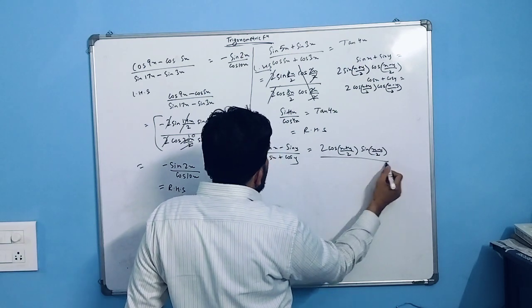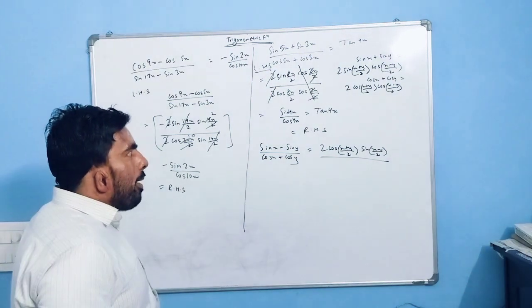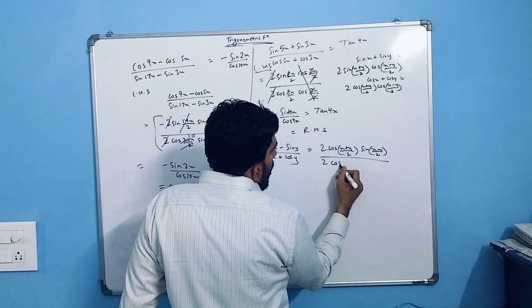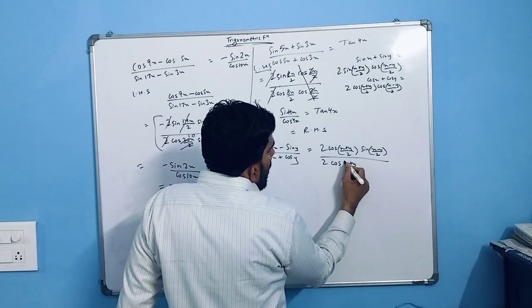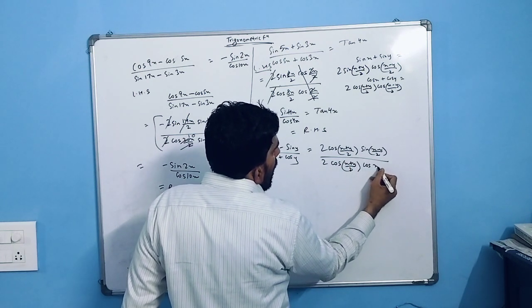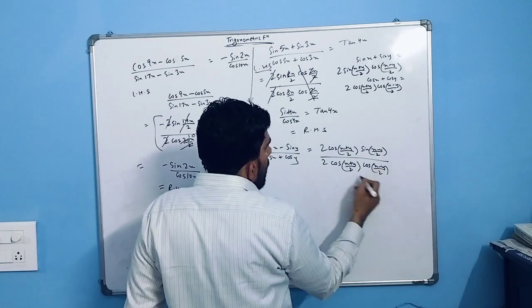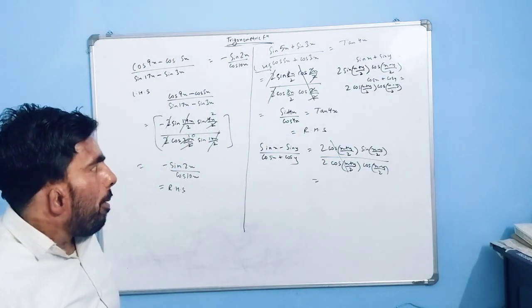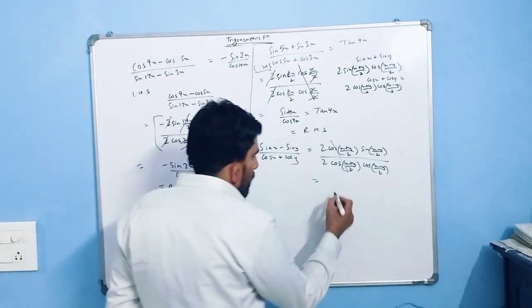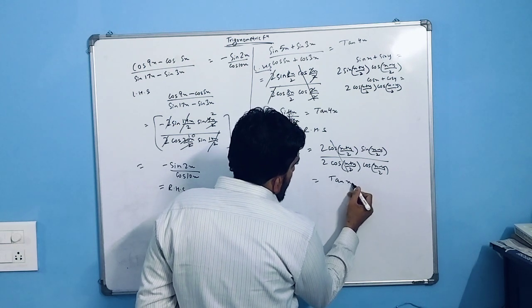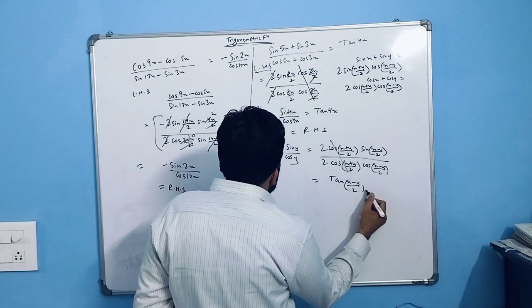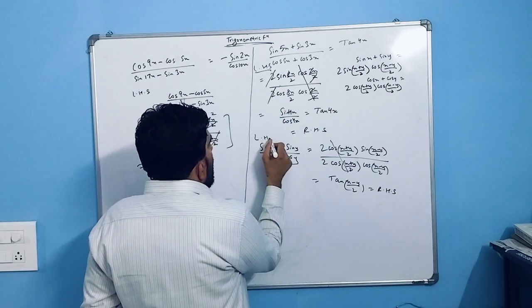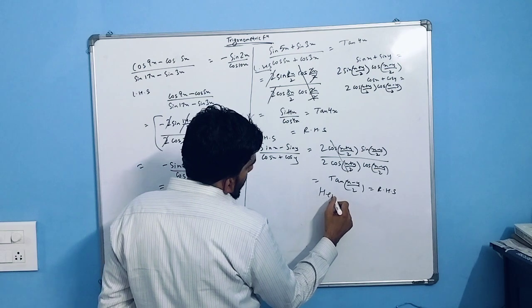And for cos x plus cos y, I am using 2 cos of (x plus y) by 2 and cos of (x minus y) by 2. So what we got is sin of (x minus y) by 2 upon cos of (x minus y) by 2, that is called tan of (x minus y) by 2, that is equal to RHS. We have solved the LHS, hence proved.